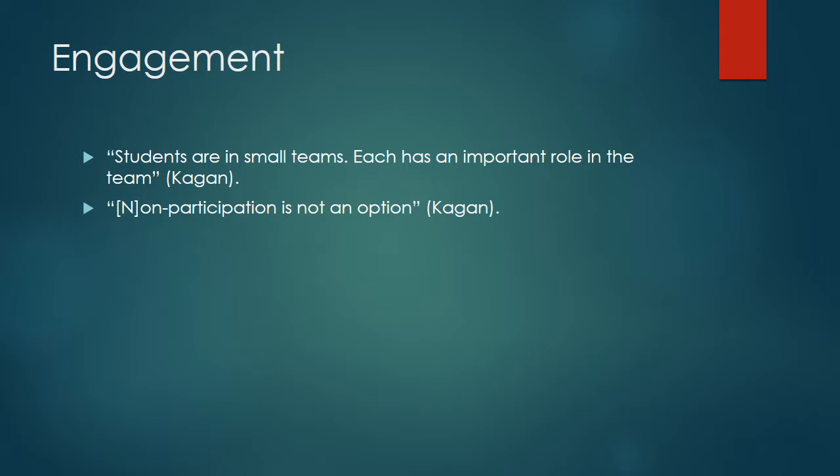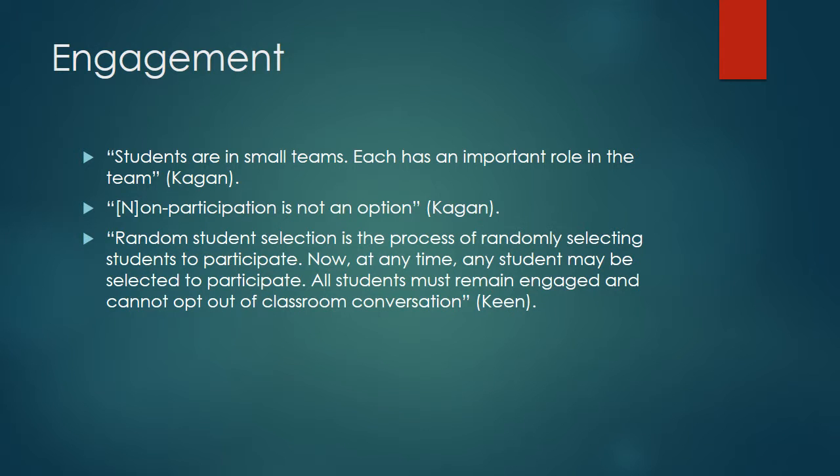One article that I read on Kagan Online focused on random student selection in order to increase student engagement. In this article, the author, Kathy Keene, notes that random student selection is the process of randomly selecting students to participate. Now, at any time, any student may be selected to participate.